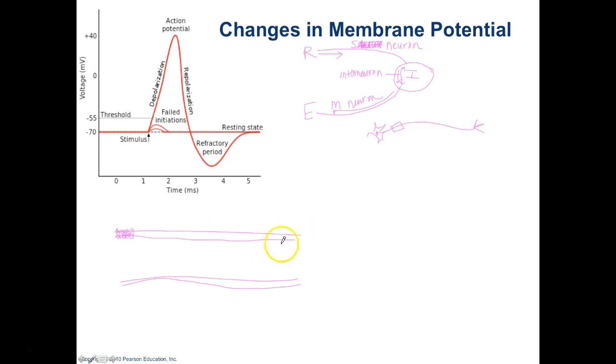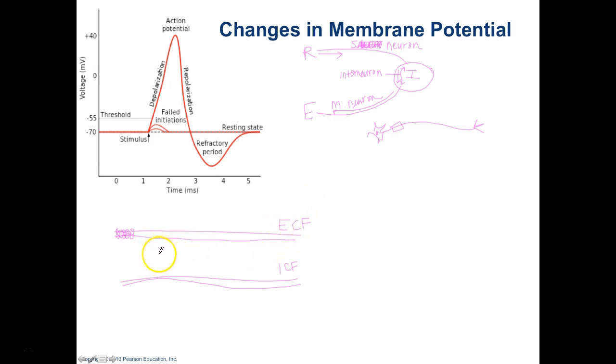We're going to have channels located along this axon in its plasma membrane. This is the inside of our nerve cell, so this is intracellular, and this is extracellular.